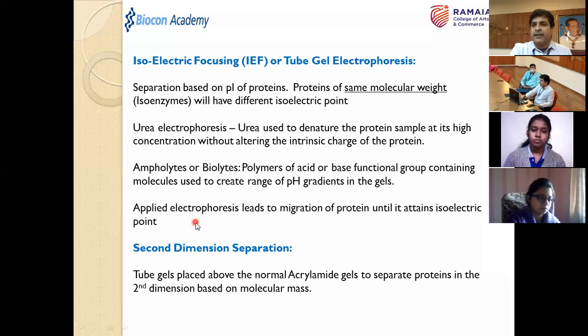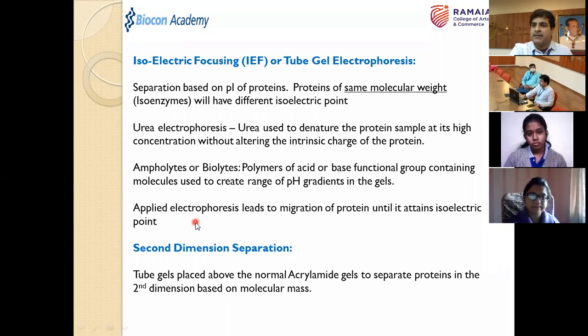When you apply an electric field and separate on a matrix with a gradient of pH regions, separation occurs until that particular protein becomes a zwitterion, meaning both positive and negative charges appear on the protein. When it becomes neutral, further electric field will not have any impact. That particular pH is called the isoelectric pH.